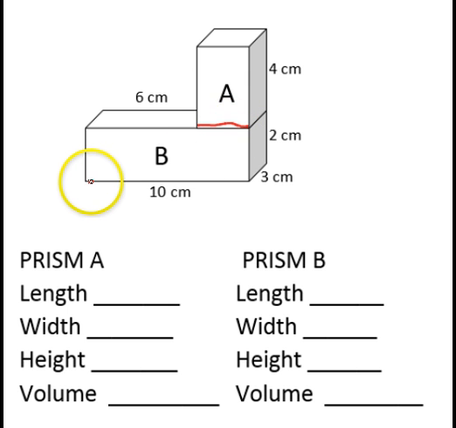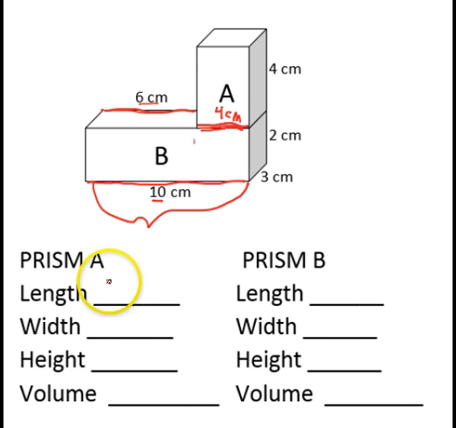What I do know though is all of prism B is 10 centimeters, and where prism A sits on top of prism B is 6 centimeters. So this length must be 4 centimeters because this distance and this distance together have to equal 10 centimeters. So the length of prism A is 4 centimeters.